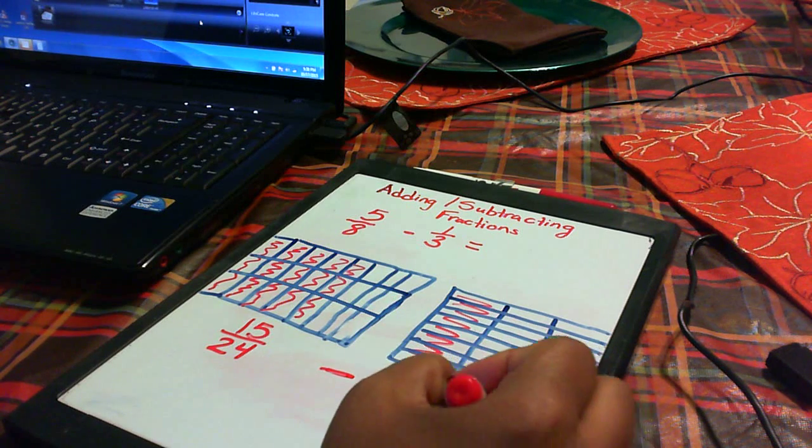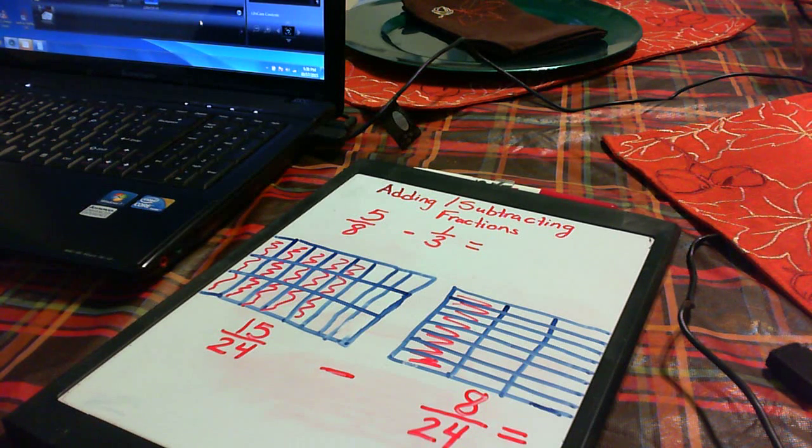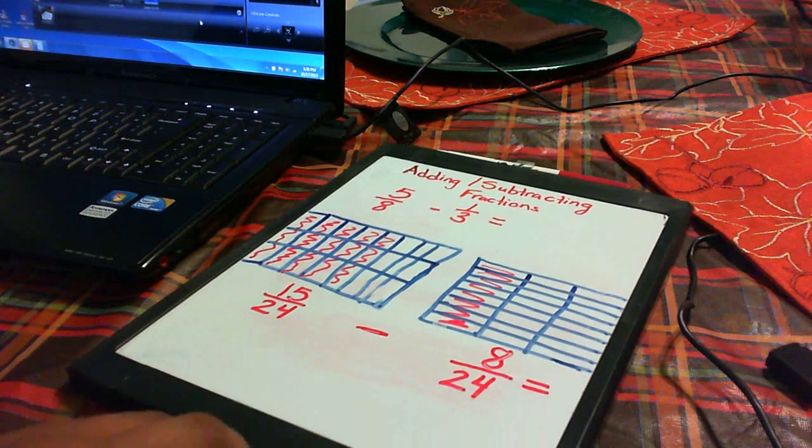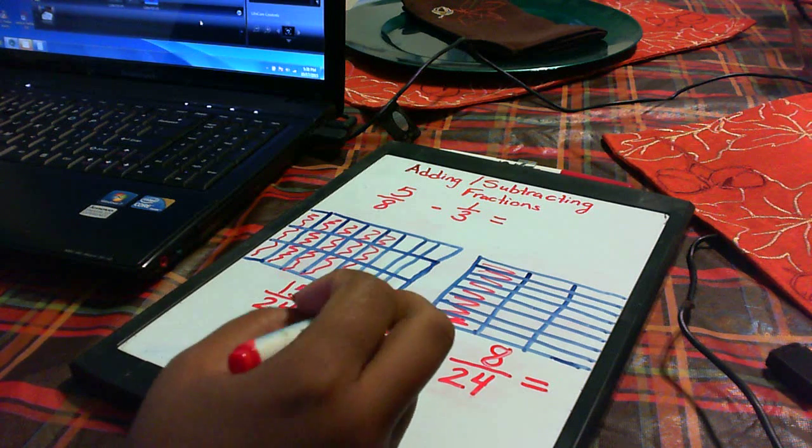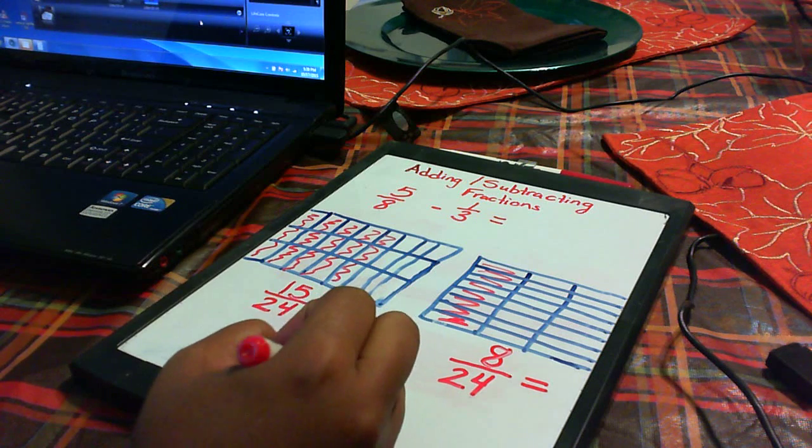And I'm going to put my equal sign because we actually haven't done any calculations. So, now our next part is to remember exactly the rules. When you're adding or subtracting, you're going to write how many pieces in all we were looking at. So, we're looking at 24 pieces.